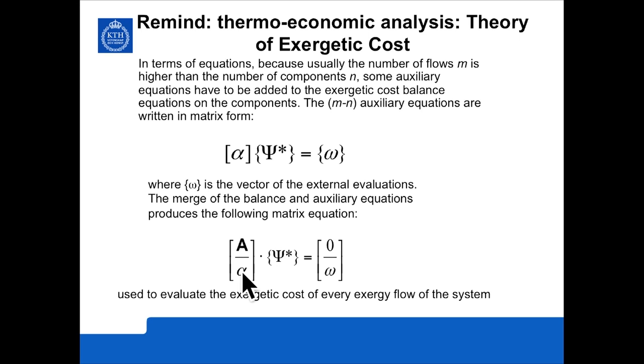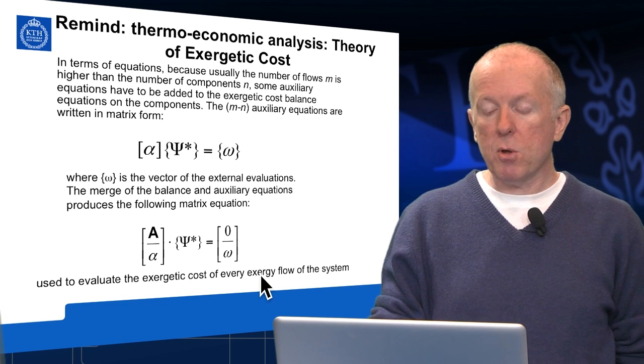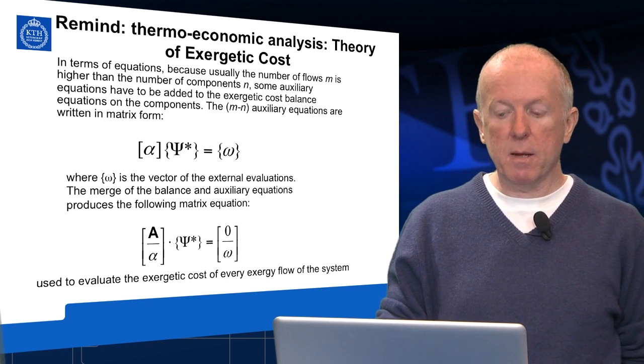Submatrix A over submatrix alpha, multiplied by the vector of the exergetic cost, is equal to submatrix 0 over the subvector omega. This is the total equation which can be used to evaluate the exergetic cost of all the exergy flows of the system.